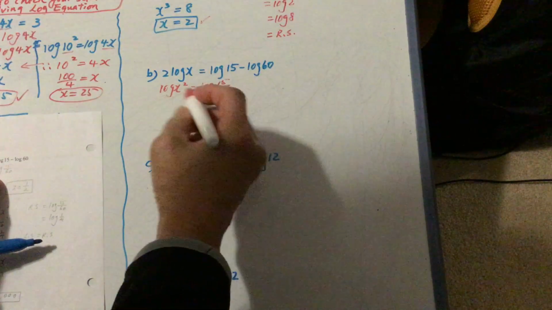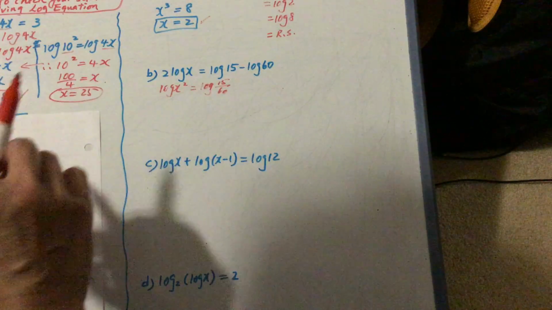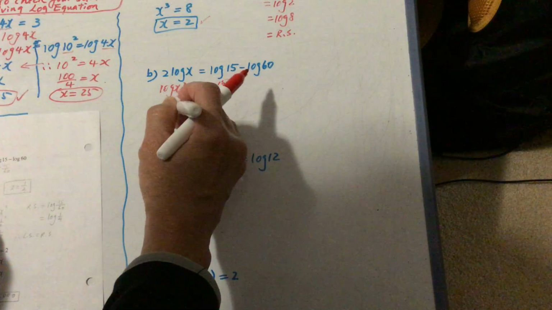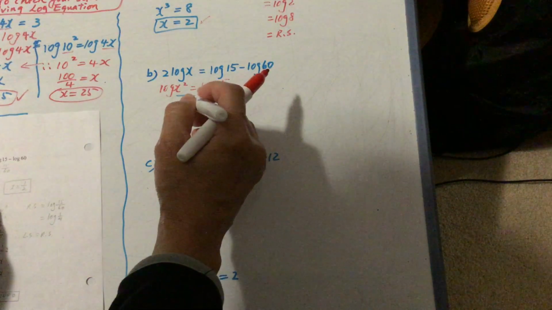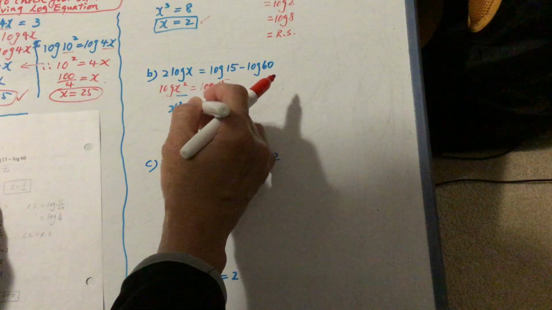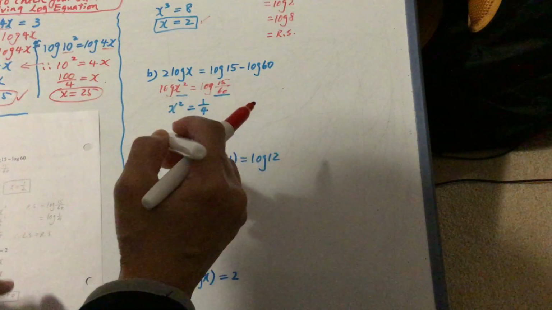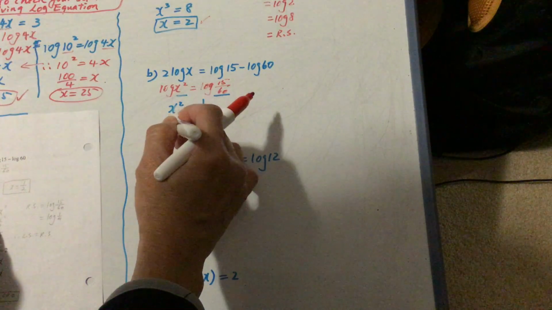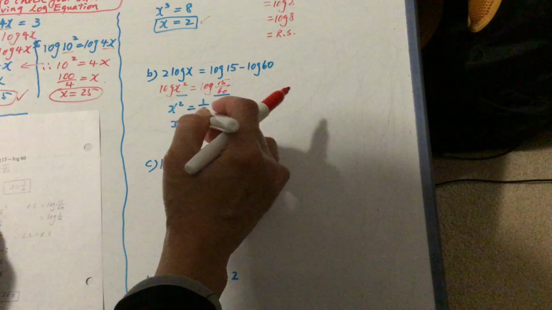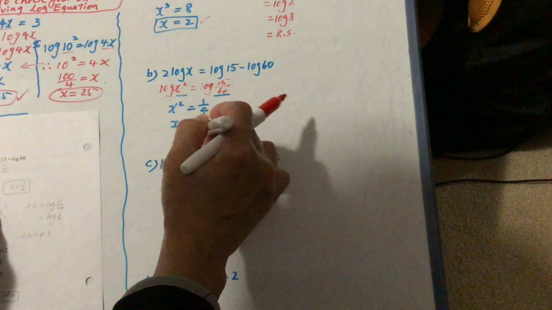So now you have x squared, same as that. So x squared is equal to 15 divided by 60. When you reduce it, you get 1 over 4. So when you square root both sides, you get plus and minus 1 over 2.